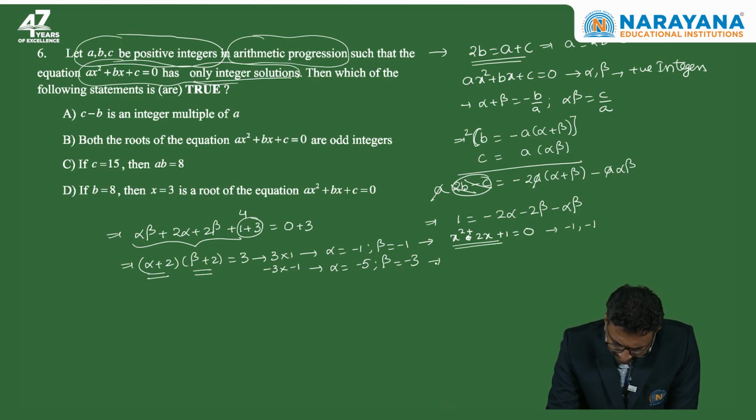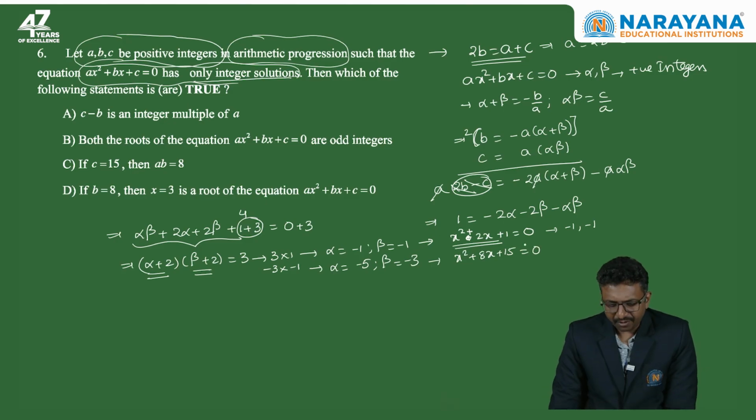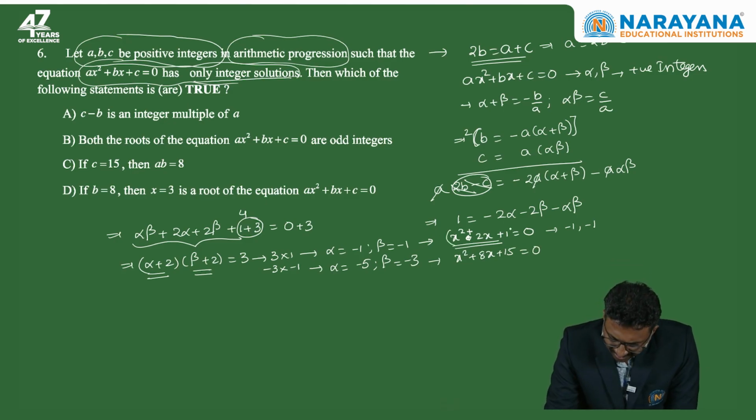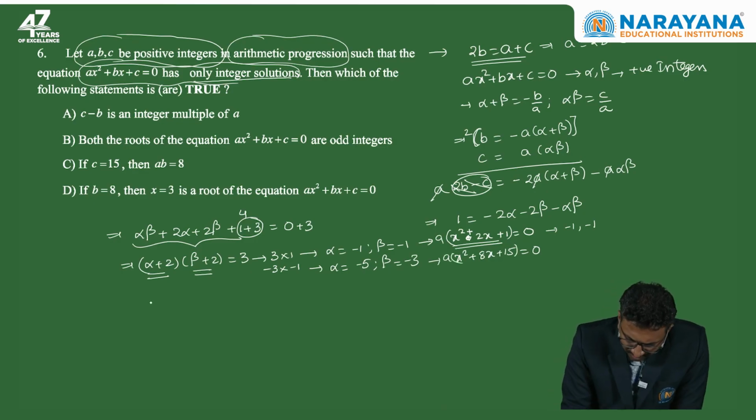And if you take the next one, it's x square plus 8x plus 15 is equal to 0. So a times this, a times this. So one of the possible answers is a x square plus 2ax plus a equal to 0.